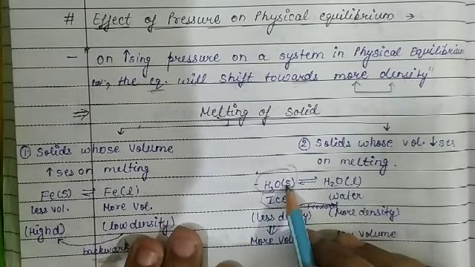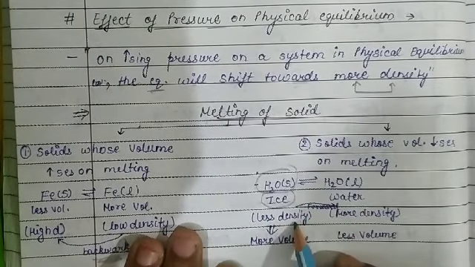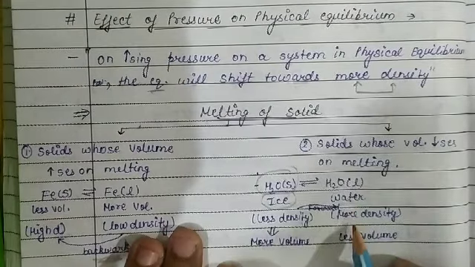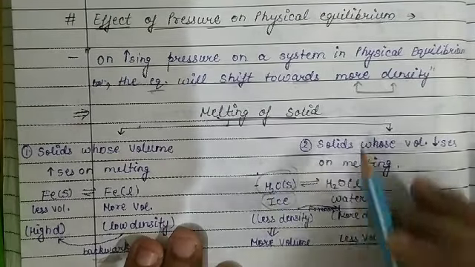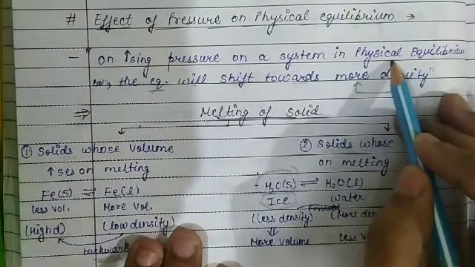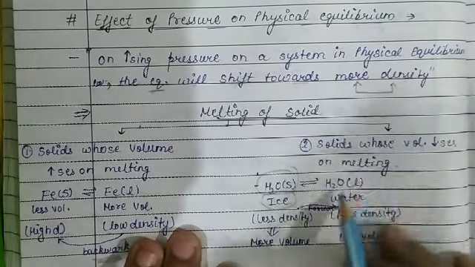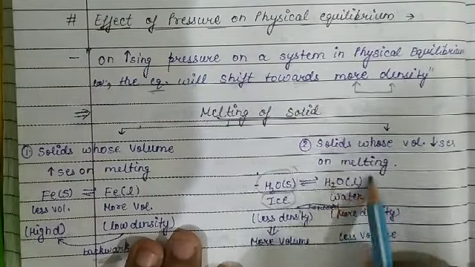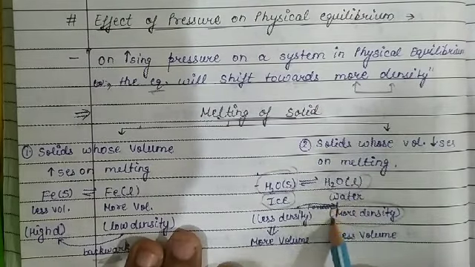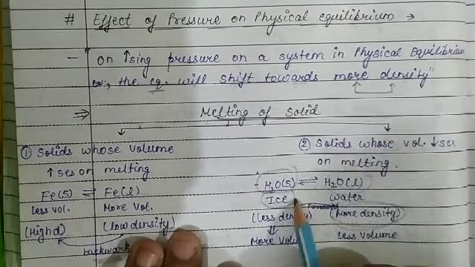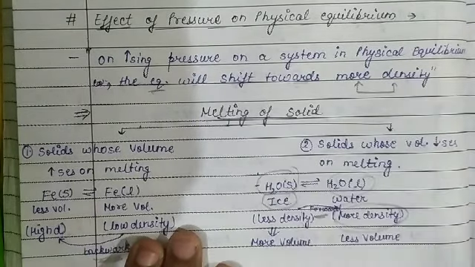So ice has less density and liquid water has more density. When we increase the pressure in physical equilibrium, the reaction will shift towards more density. Density is more on the product side, so the reaction will shift in the forward direction.